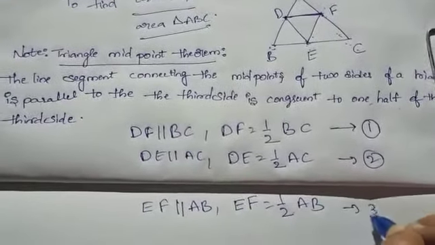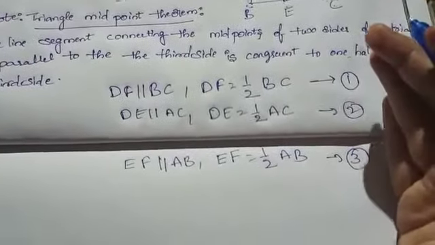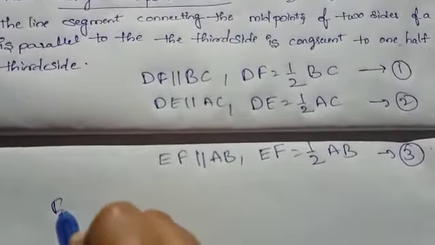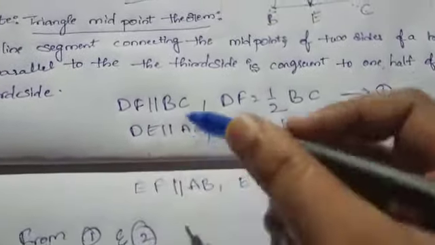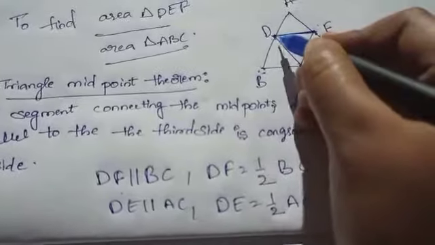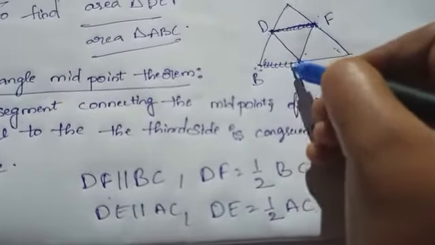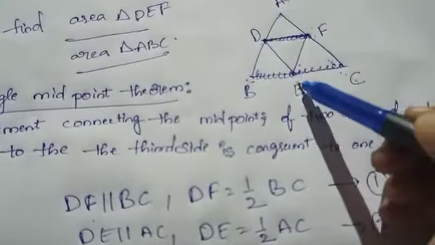This is equation 3. Here using these three equations, first, from 1 and 2, DF is parallel to BC. So DF is parallel to EC.